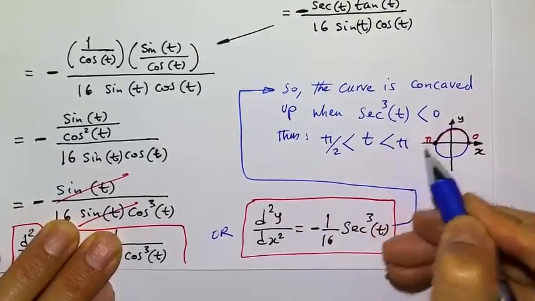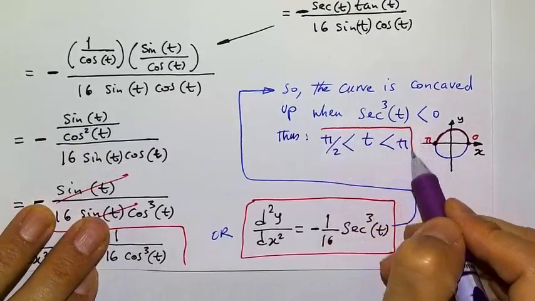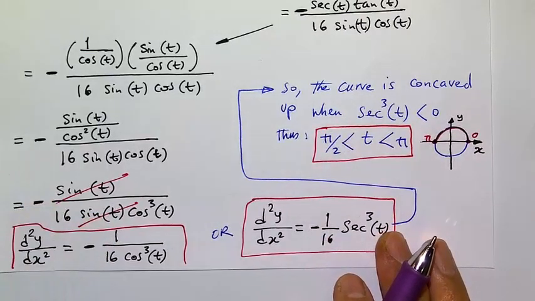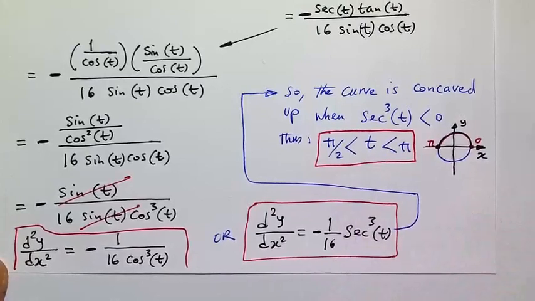Okay, so that's the last thing they asked us to identify: for which values of t we have concave upward along the curve.